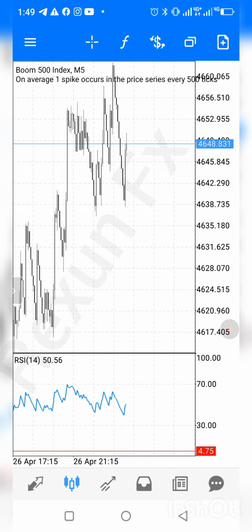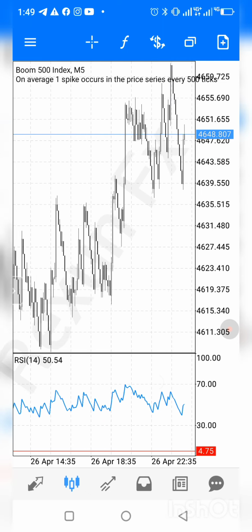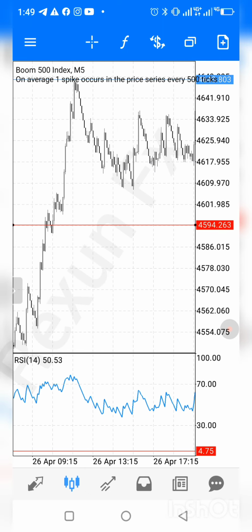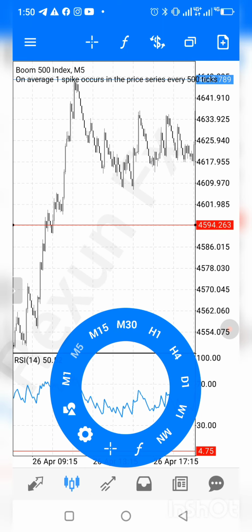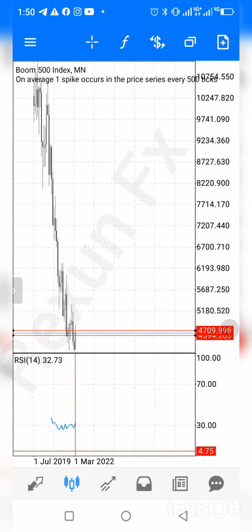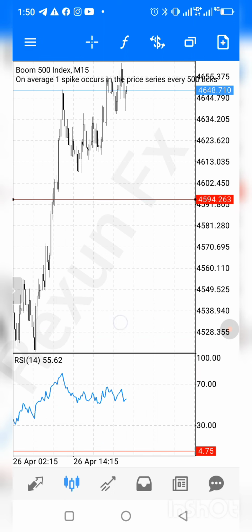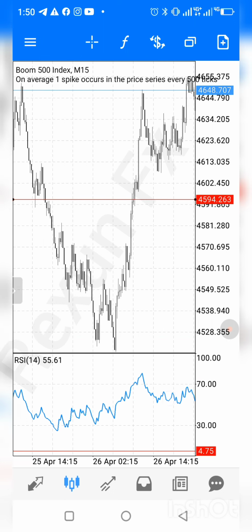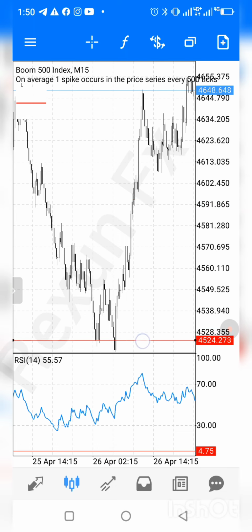So this is the strategy I like to use for my boom 500, right? The first thing you do is go to your monthly time frame, note the overriding trend. As we can see, the overriding trend is at its all-time low. Then go to your 15-minute time frame and check for major support points. So we can see here, from the point I'm doing this video, this is around the major support point.